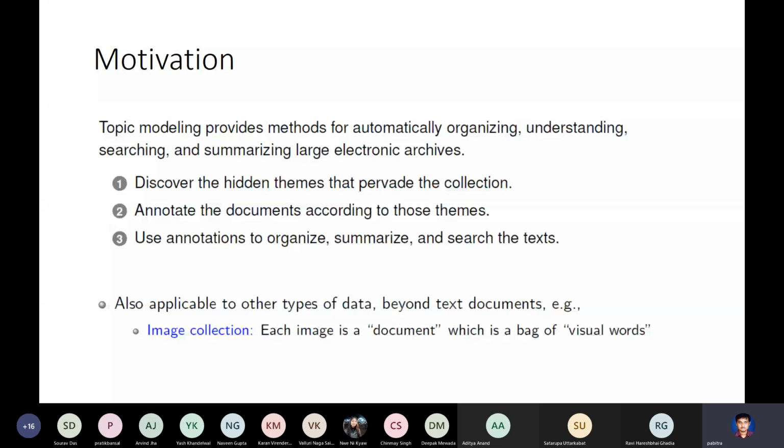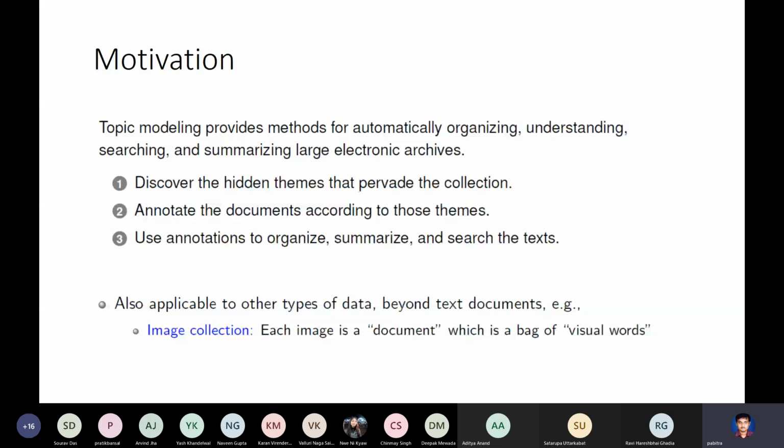But our justification is that if you just want to find topics to annotate the document, you don't need the sequence. Just the collection of words, the bag of words, is enough. How many times a word occurs, that is enough. So that's our justification. There are more advanced models which can take into account sequences, but right now we are not talking about that.